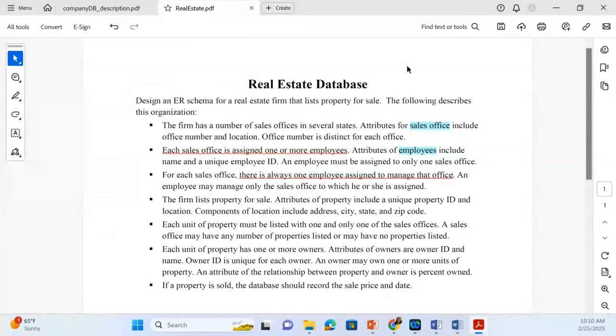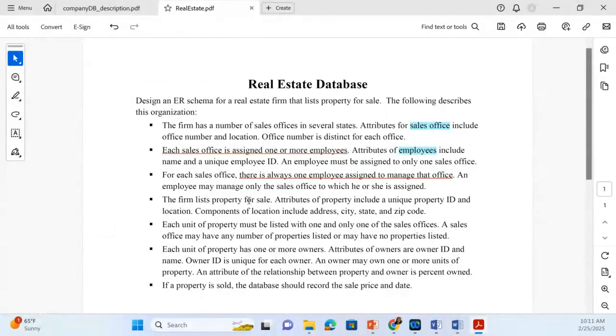It's very similar to our company database, where we have a manages relationship between employee and department. You also need to be aware that the previous sentence describes another relationship between the employee and sales office. That basically means a sales office is assigned one or more employees. It's more like a works-for relationship.